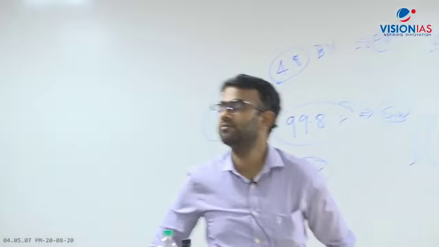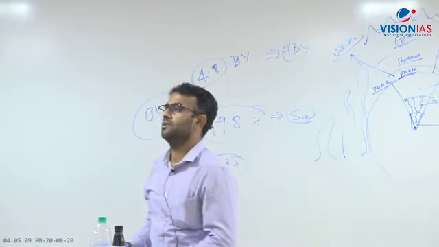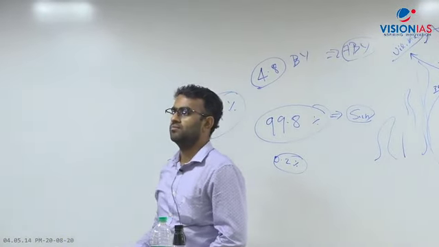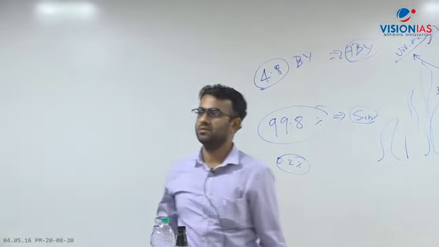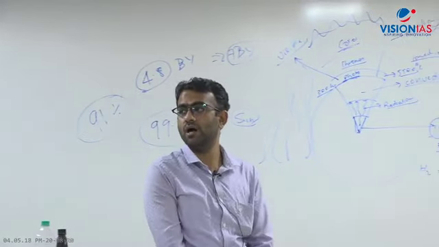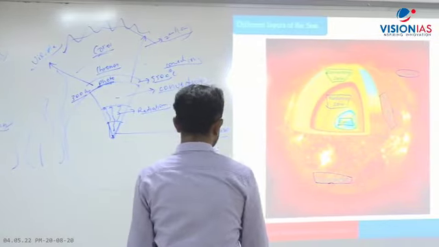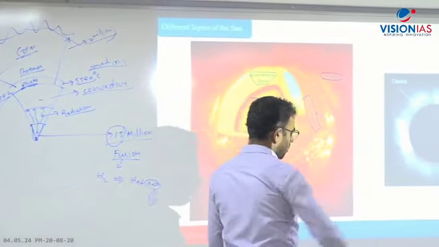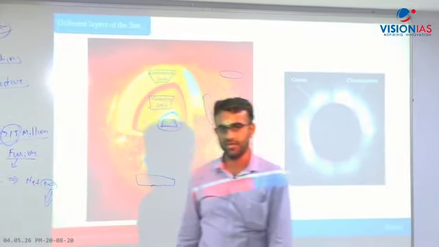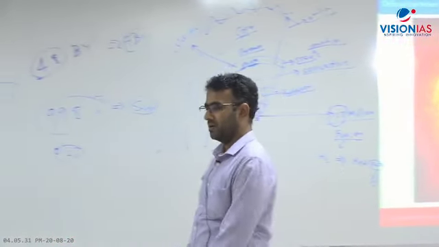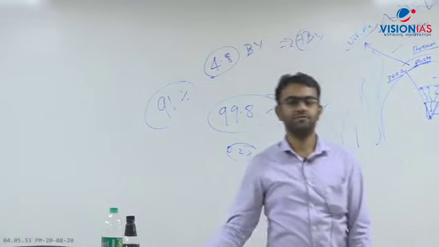So we have two queries, both are almost the same. Vedant is asking how do we know there are three inner layers, and Biprajit is also asking whether the layers of the sun are theories or we have proof. We have sent many exploration probes near the sun and we can also see the sun because the sun is one of the brightest and also very big. It's not like what we see from the naked eye.